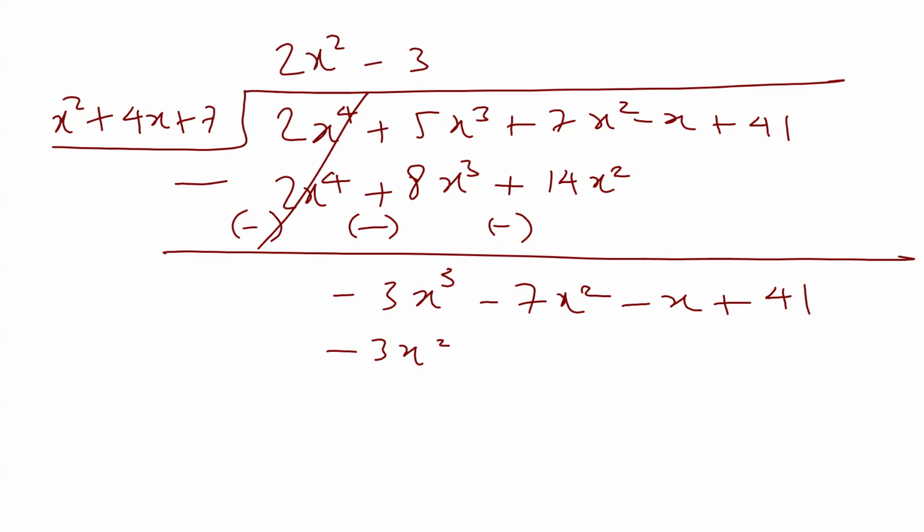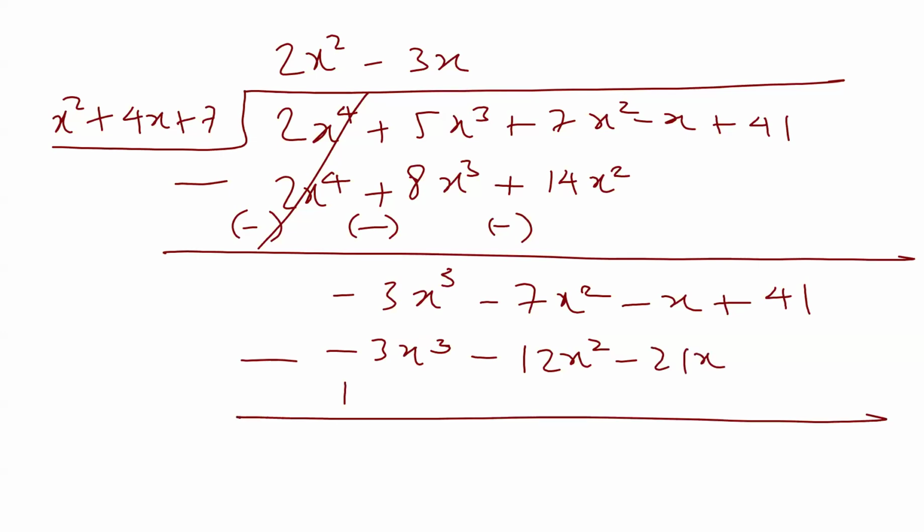So it is going to be minus 3x, because minus 3x into x square is minus 3x cube. Minus 12x square minus 21x. So subtract this, there will be sign change. And then finally this will be 5x square plus 20x plus 41.